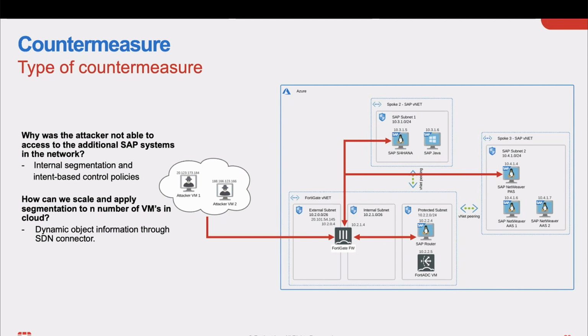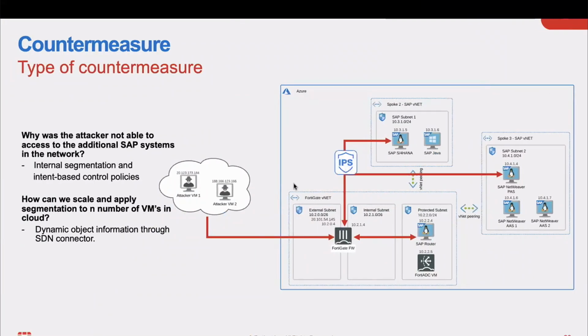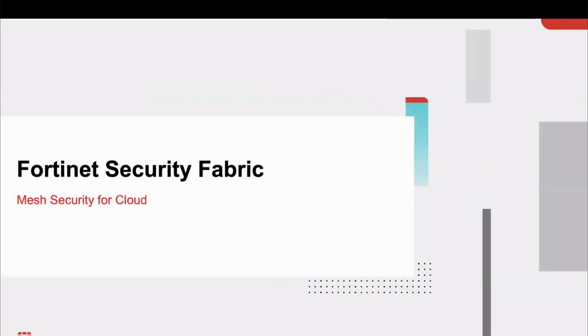Now, we've been talking about complex systems like SAP, but what if we actually want to protect something non-SAP, right? Like you would have a lot of applications running in your infrastructure, and say you are hosting those applications in complex systems like Kubernetes.